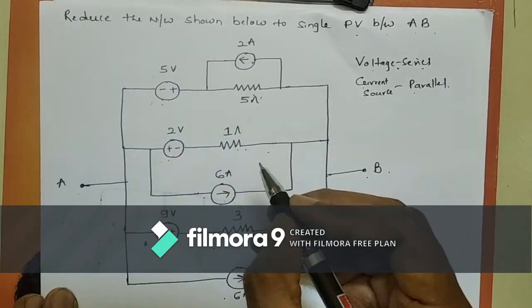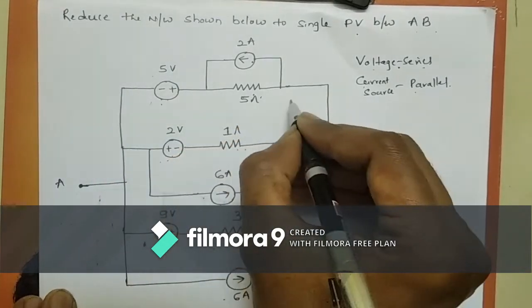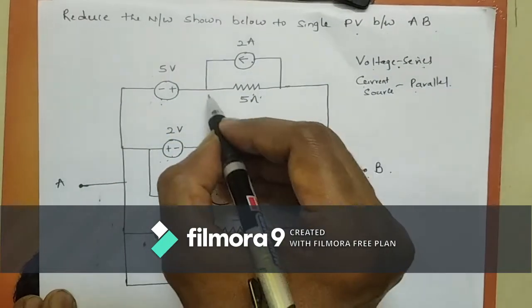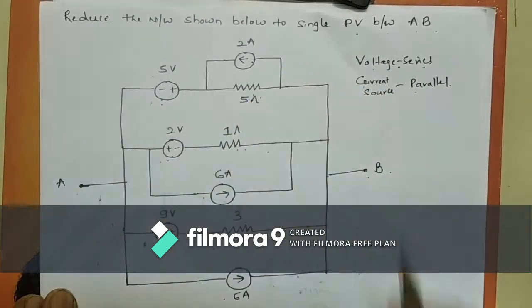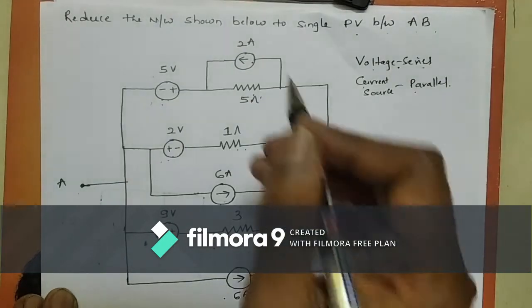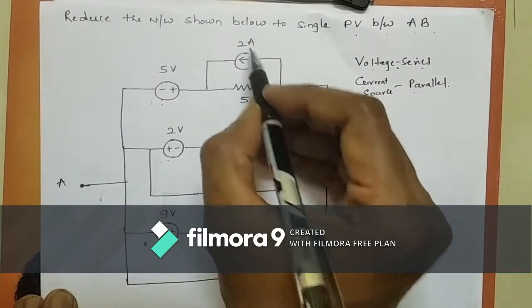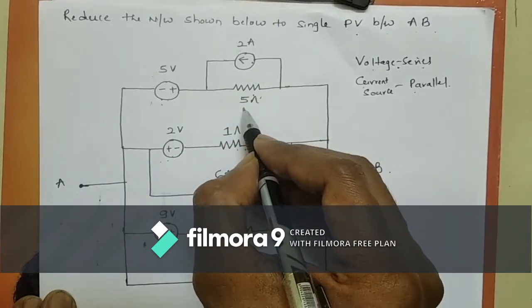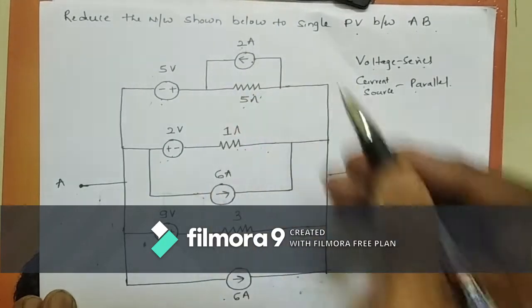So in the first step I will convert this practical current source into a practical voltage source. To convert it, apply Ohm's law. Here the current value is 2 amperes and the resistance is 5 ohm, so the voltage is 5 into 2, which is 10 volt.